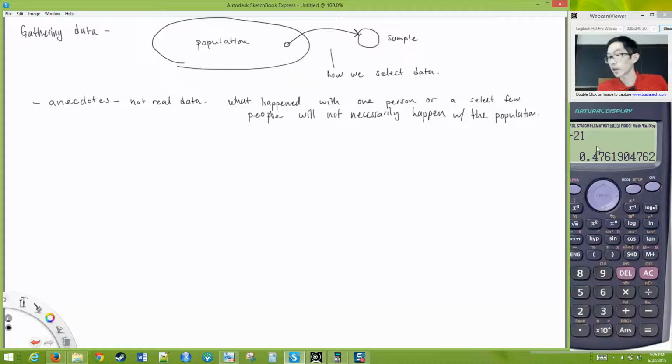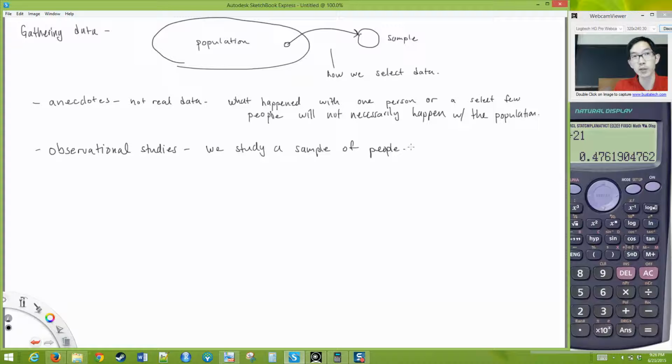Okay, so we have observational studies. With observational studies, we are looking at a sample of people. We study a sample of people. And again, our sample should be representative of the population.